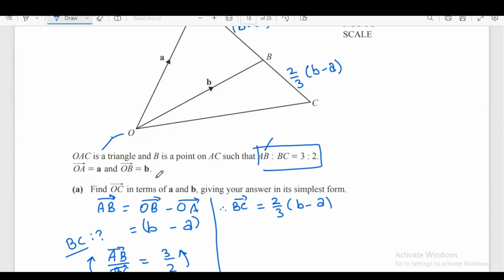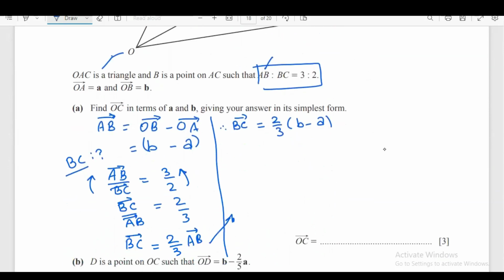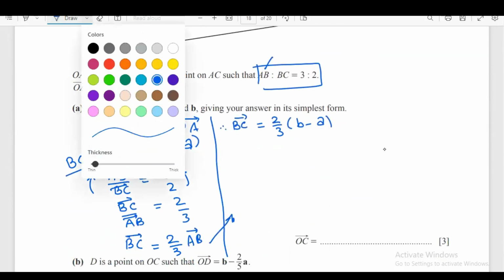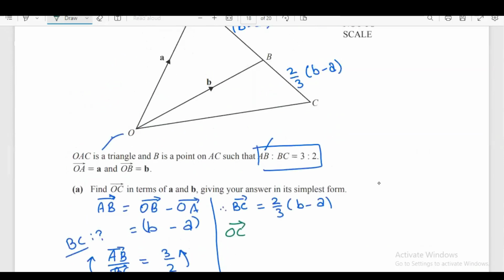To find vector OC, we have two routes in this diagram. We can use O to A, then A to C, or we can use O to B, then B to C. It is better to use the shortest route, which is O to B, then B to C. So the equation for OC will be, with the help of this diagram, OB plus BC.